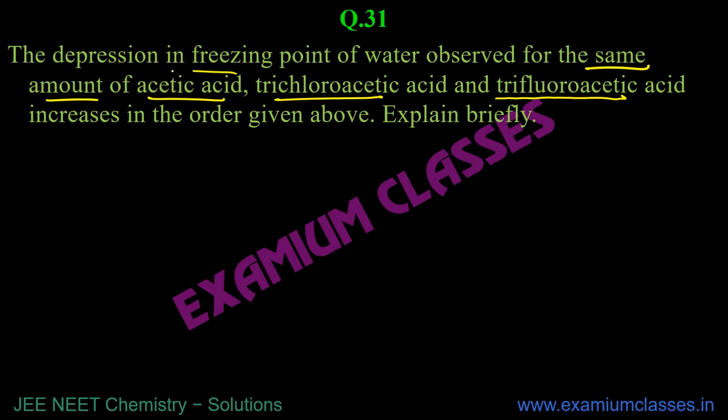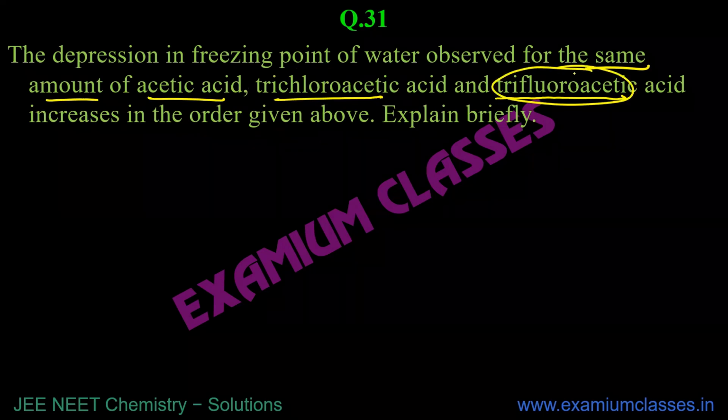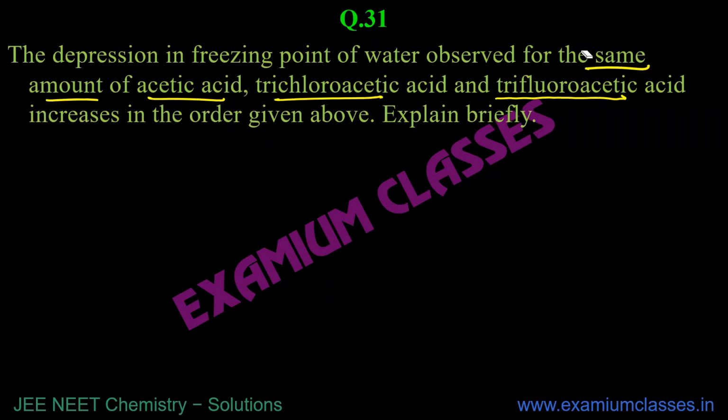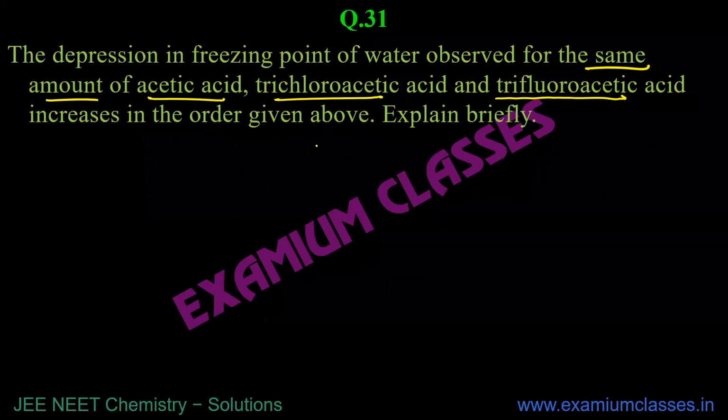Acetic acid has the least, then trichloro, then trifluoro. They have depression in freezing point in that order: minimum, then greater, then greatest. How will you explain that? We will explain that on the basis of the Van 't Hoff factor. So what is the Van 't Hoff factor? Where does it play a role?